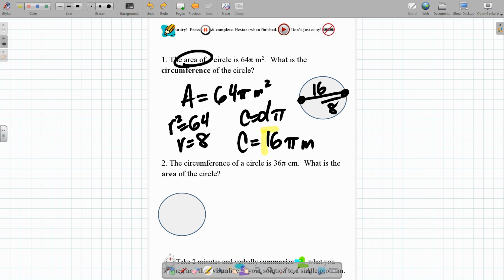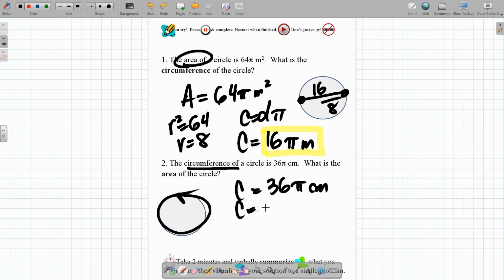Down here, it said the circumference of the circle going around is 36 pi centimeters. C equals d pi. My diameter is 36, which means my radius is half of that, which is 18.